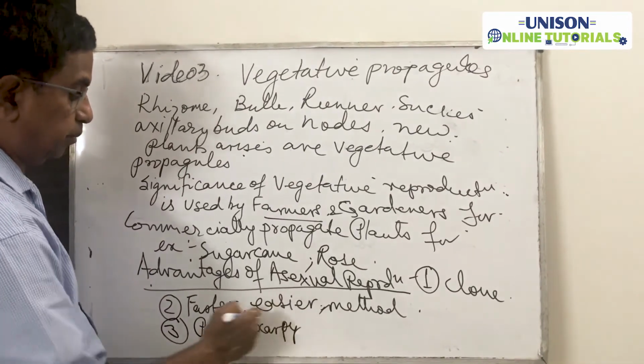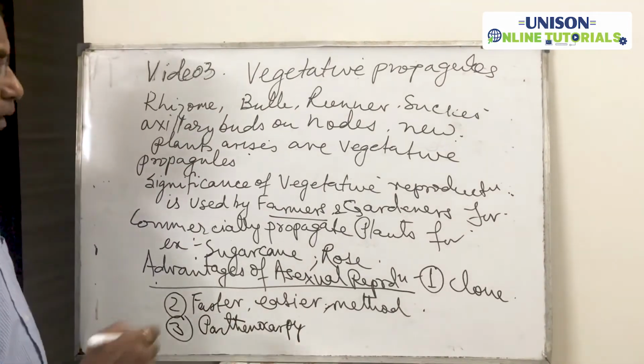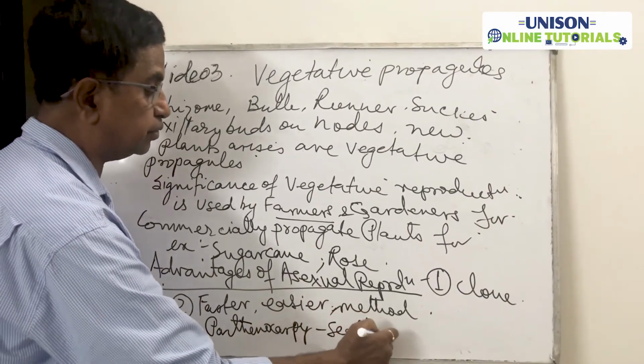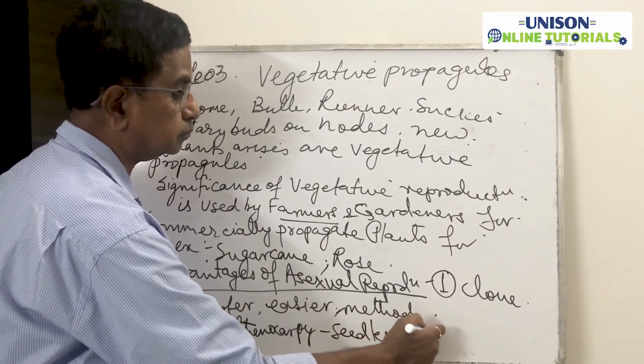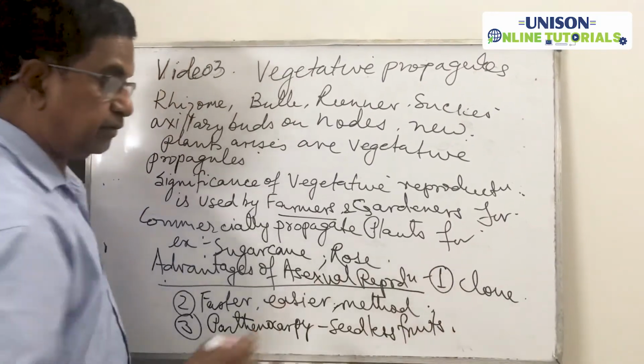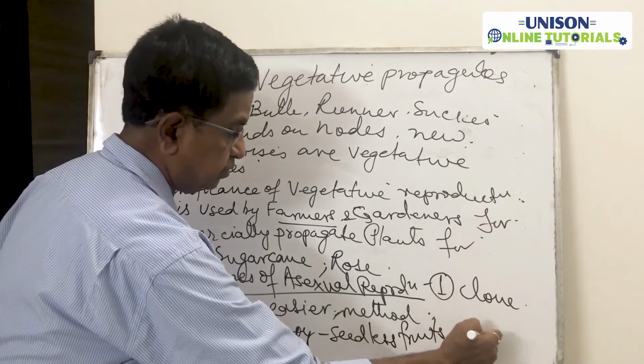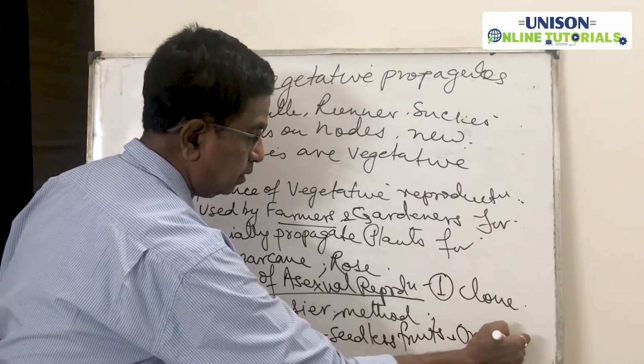By parthenocarpy we can have seedless fruits. An example of seedless fruits is oranges, which are now coming to the market.